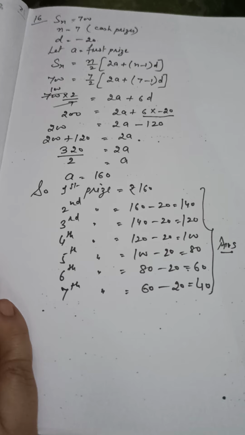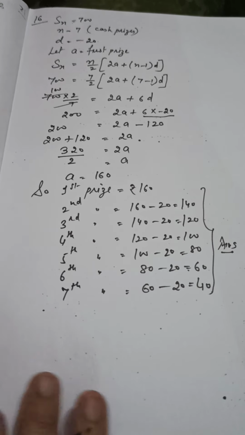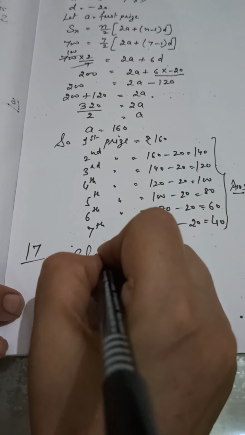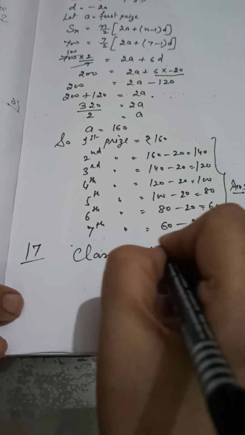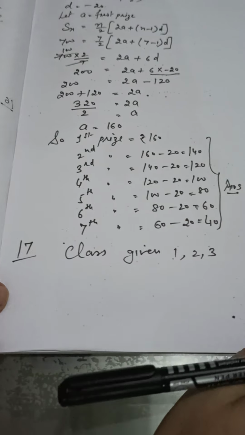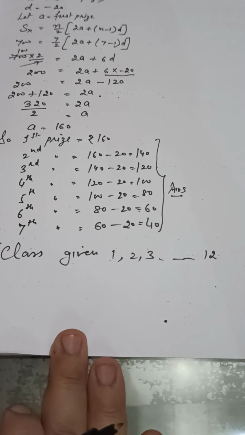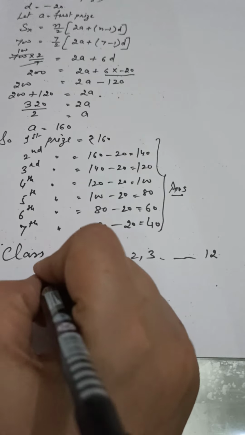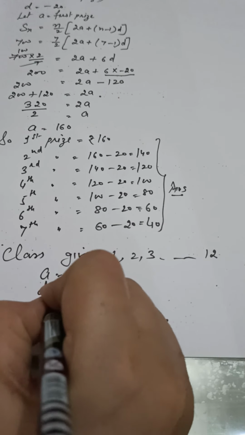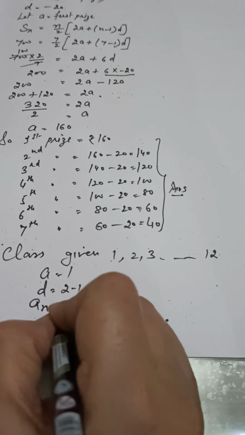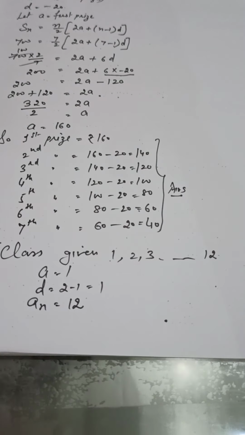Now the next sum is, in a school there are classes from 1 to 12. That means sum number 17, classes given 1, 2, 3 up to 12. These classes are given, 1 to 12. It means a is equal to 1, d is equal to 2 minus 1, that is equal to 1, an is equal to 12.